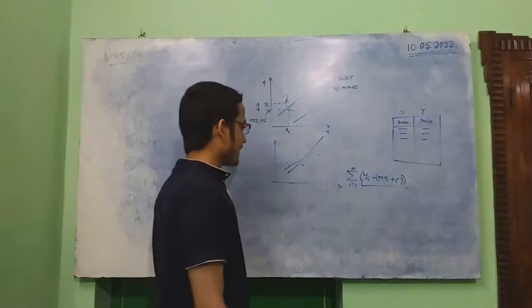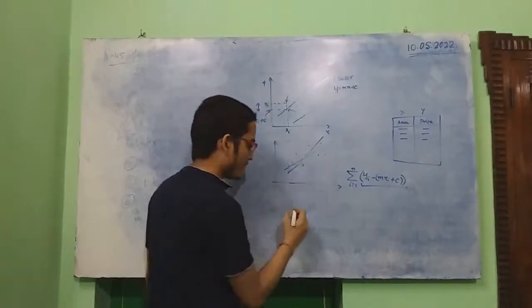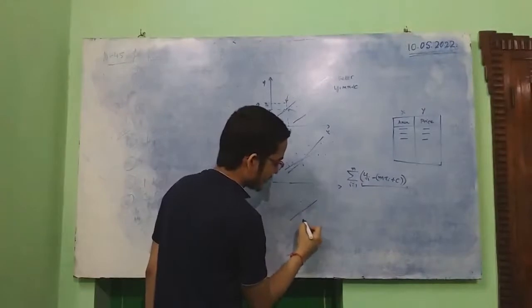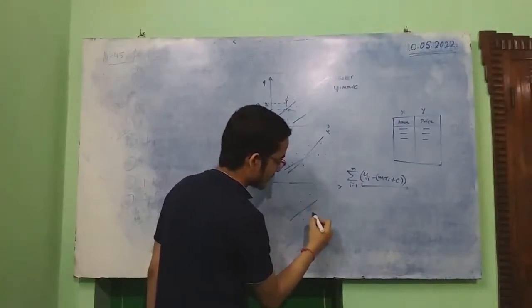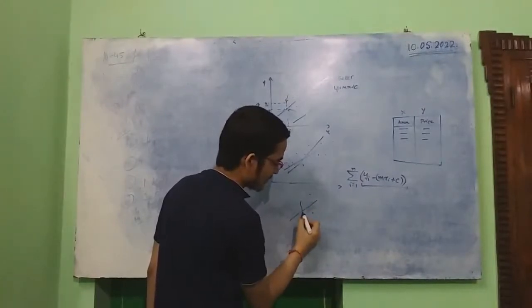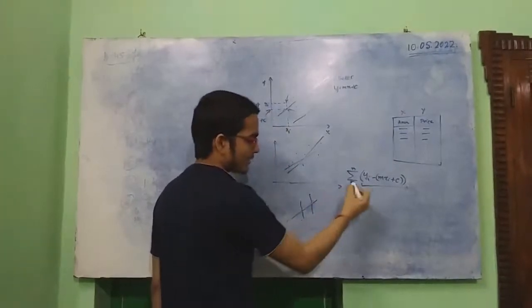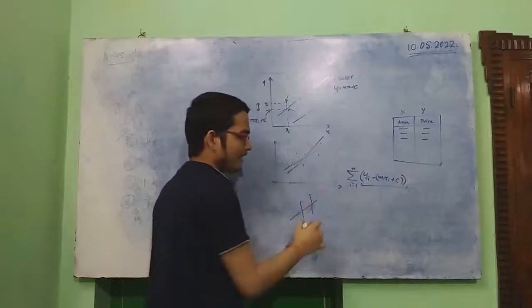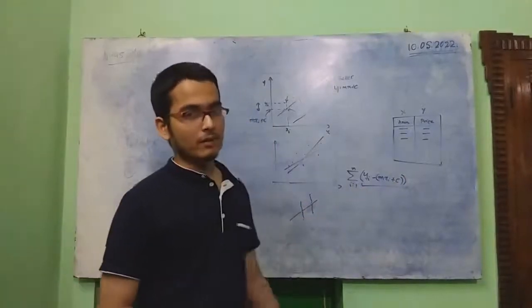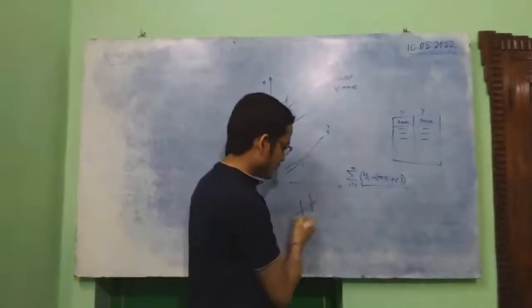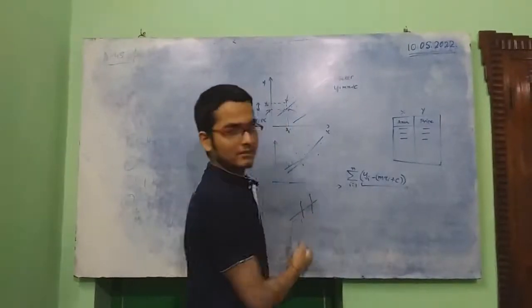So it may happen that this is the data point, this is the data point, this is the data point, this is the data point. Suppose this is equally positive, equally negative, equally positive, equally negative. All the errors for x1, x2, x3, x4, if we add them, get cancelled and come to 0. And we are saying that we have 0 error. But do we have 0 error? We have so many errors, you can see.